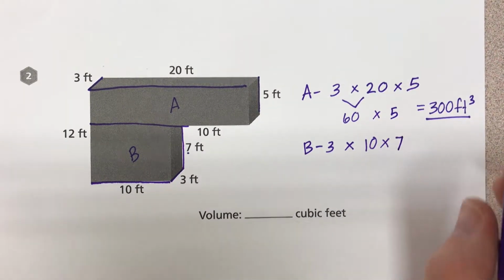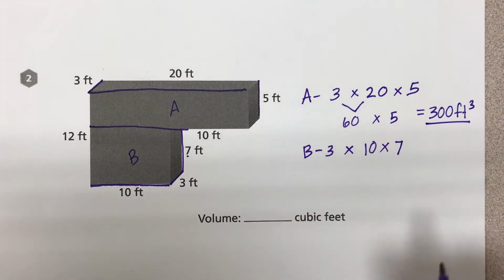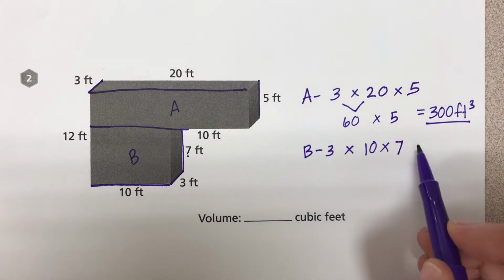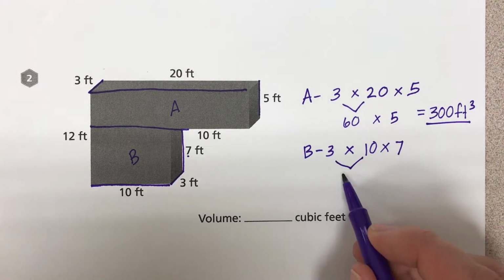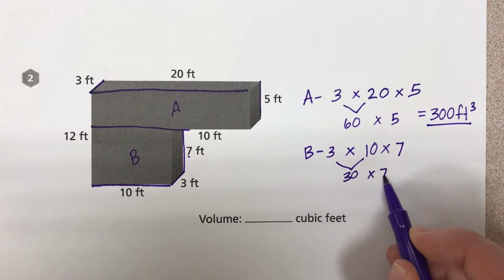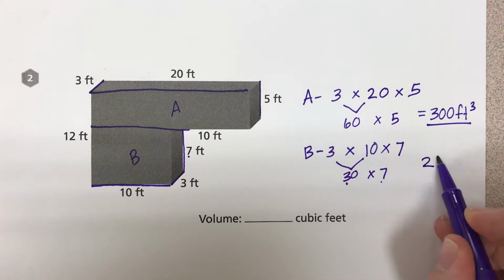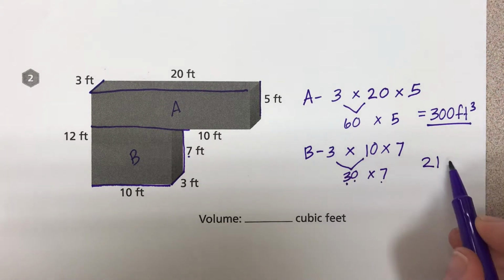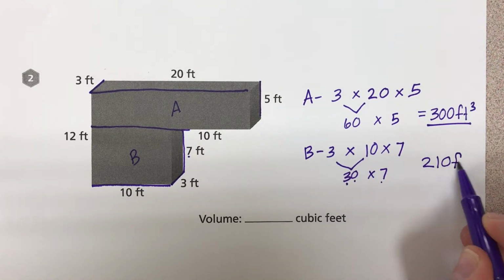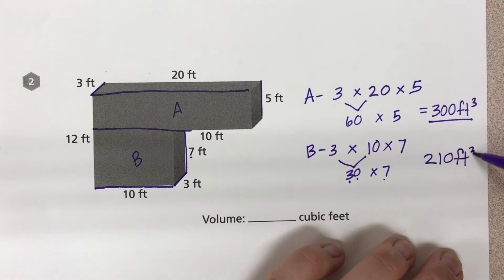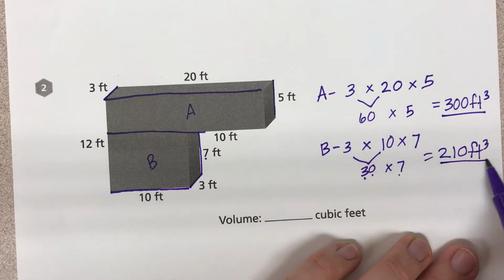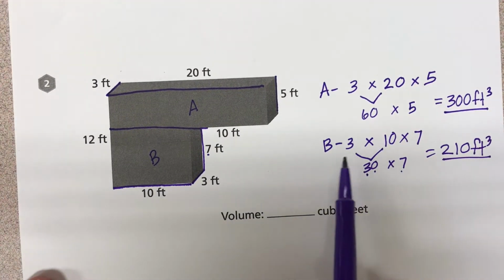So there's no mystery numbers here that we need to figure out. And 3 times 10 is 30. 30 times 7, we can do that easily in our head because 3 times 7 is 21, and all you have to do is add that 0. So 210 feet cubed. That is the volume for B.